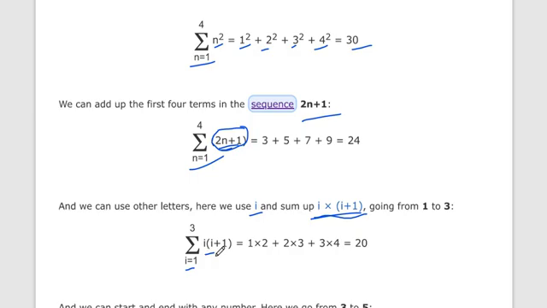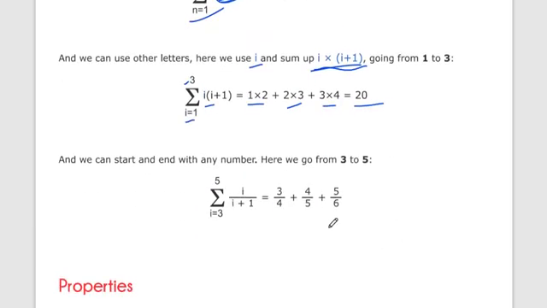No problem, you can use anything: a, b, c, p. If we put i equal to 1, the first term becomes 1 into 2, the second term is 2 into 3, and the third term is 3 into 4. We only use 3 terms, so the summation of 3 terms becomes 20. We can use these types of summation also.